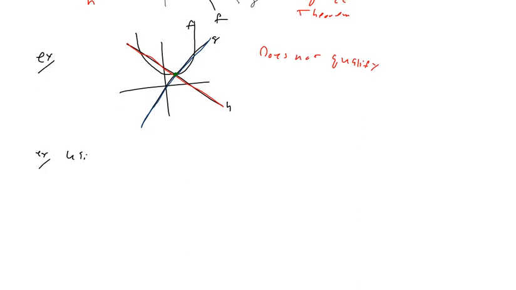Using the squeeze theorem, if we had two functions, let's say c was equal to 0, and we had a function like this: 4 minus x squared, less than or equal to some function f, less than or equal to 4 plus x squared.